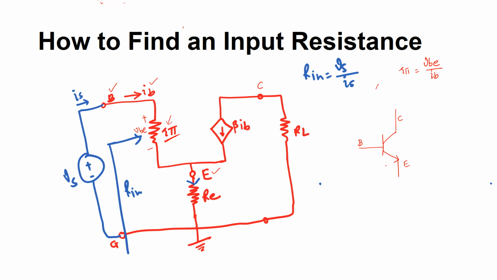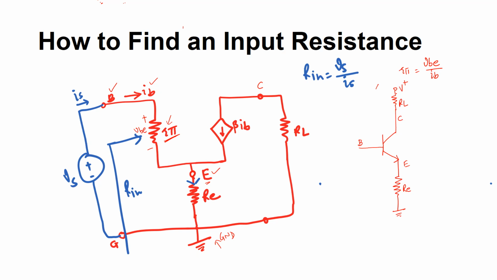And then from the emitter to the ground, you can draw RE, and you say that this is your resistance RE. From collector to the ground, you basically have a resistance RL, and here usually you have V plus.